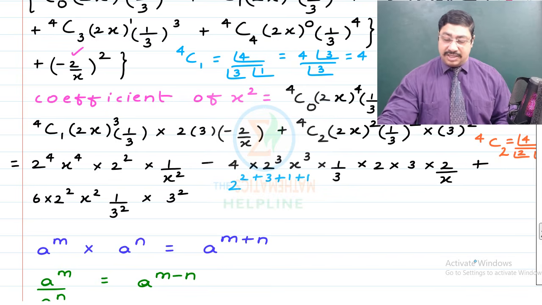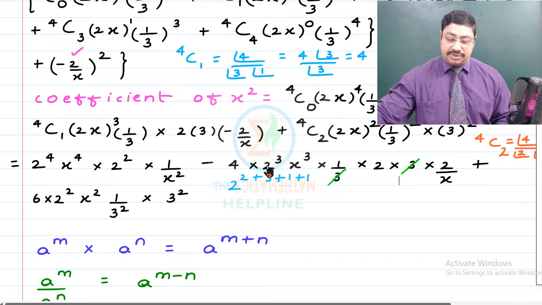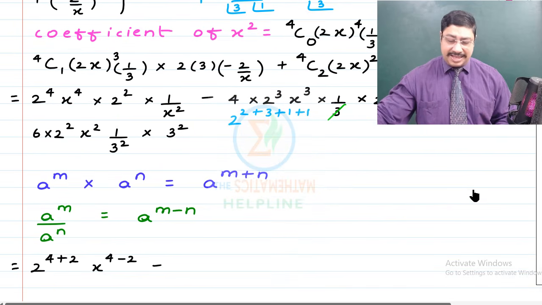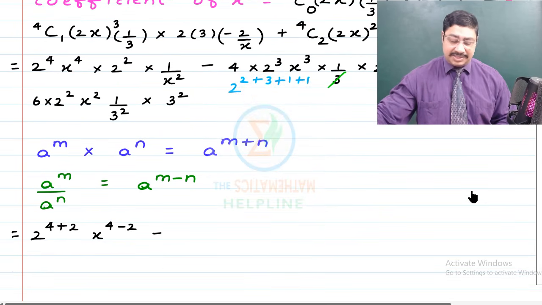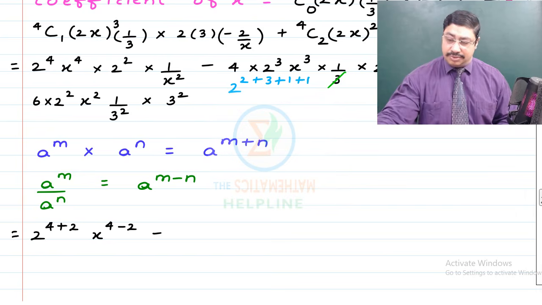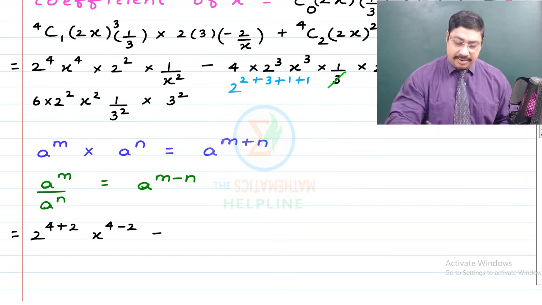And further, if you see, then the powers of 3 are the same in the numerator and the denominator, and they will get cancelled. So you have 2 plus 3 plus 1, that will become the power of 2, right? And thus that becomes equal to 3 plus 2, 5 plus 1, 6 plus 1, 7. So that's 2 raised to the power 7, right?